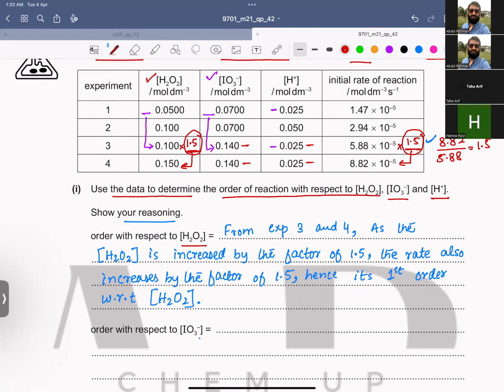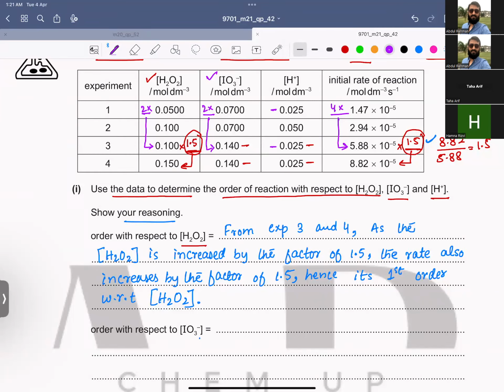So can anybody tell me the factor by which the concentration of iodate is changed? I think it's 2 times, right? Yes, sir. Now, by which factor is the rate changing? 4 times.